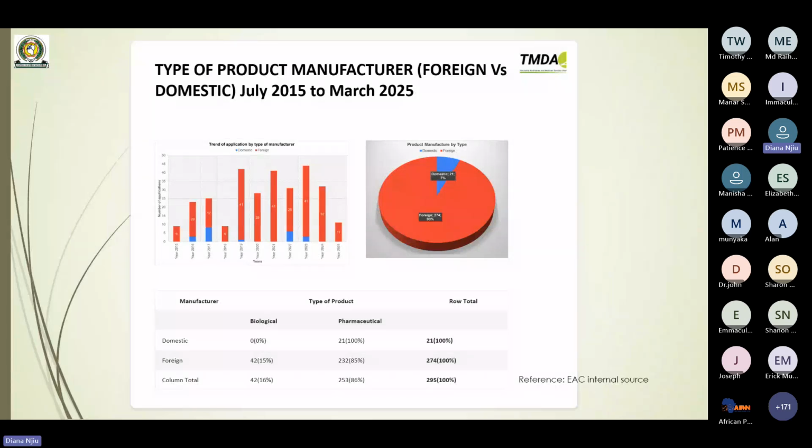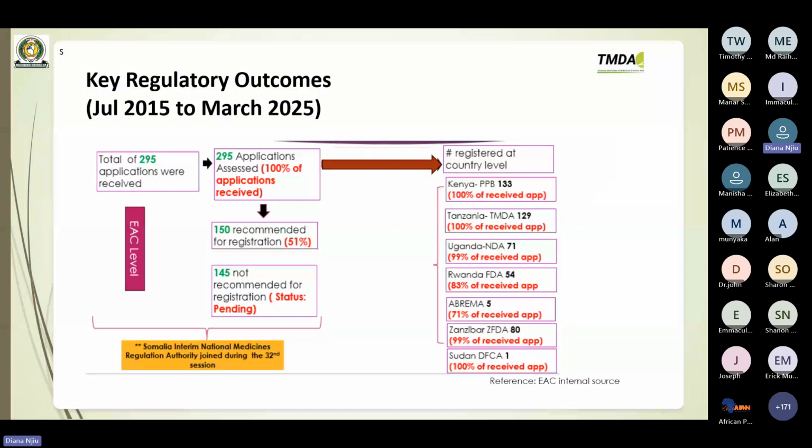So out of 295 applications that we have received through the route, all of them by March, they've been assessed, 100% of the received applications. And out of those, 150 applications have been recommended for registration. So it's about 51%. And also 145 applications have not been recommended, meaning they're in different stages of assessment or communications with the applicant.